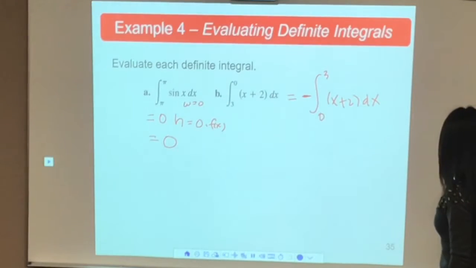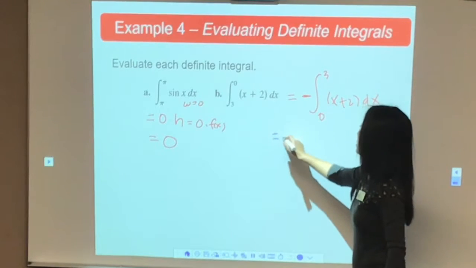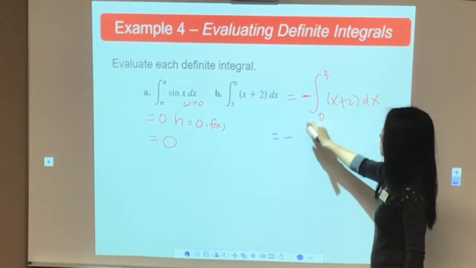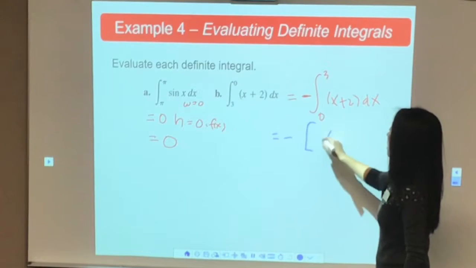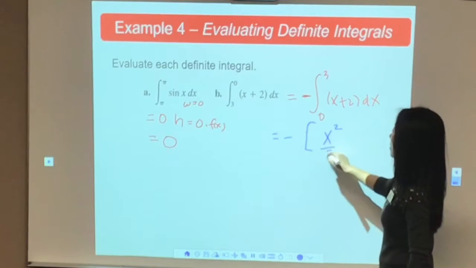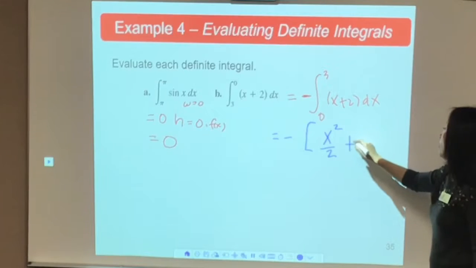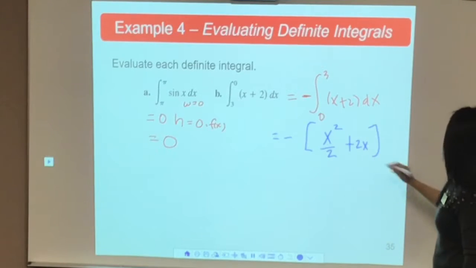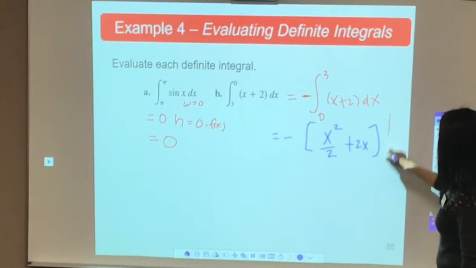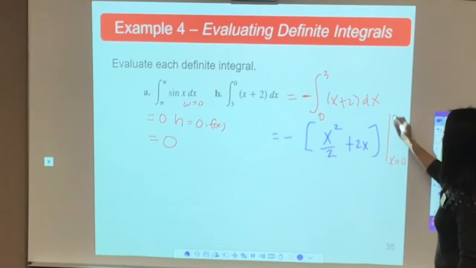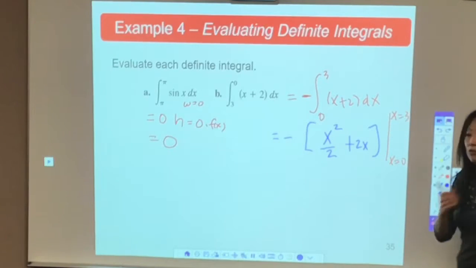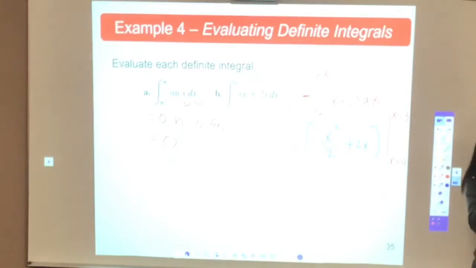All right. Let's take the antiderivative of this. What's that equal to? Negative in the front, I have this. What's that equal to? x squared divided by 2 plus 2x. I'm going to evaluate that from x equal to 0 and then what? x equal to 3. Are you following me, class?